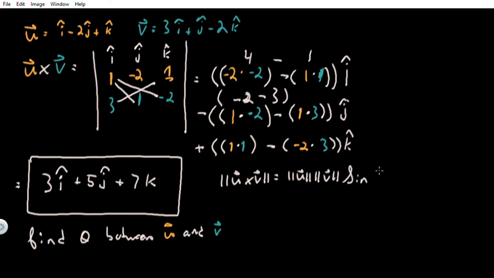The cosine is the dot product, times the sine of the angle between them. So I would just have to divide the magnitude of the cross product by the product of the magnitudes of u and v, and then take the arc sine of that. Well, that's probably going to take a lot of space to do, so I'm going to erase this up here.